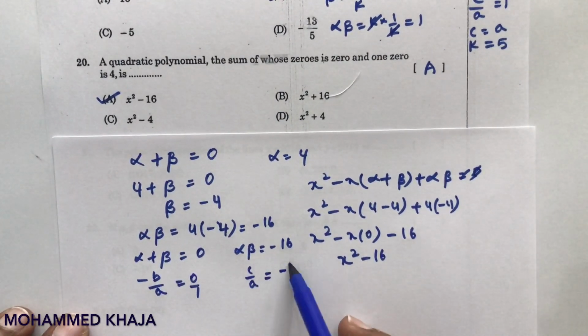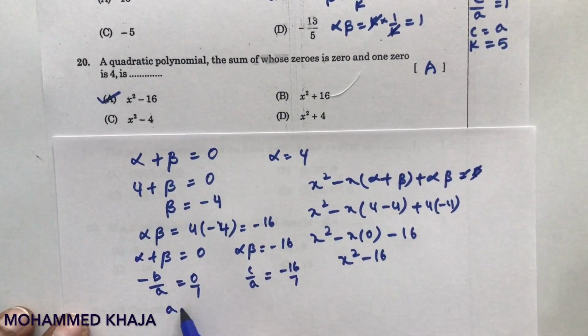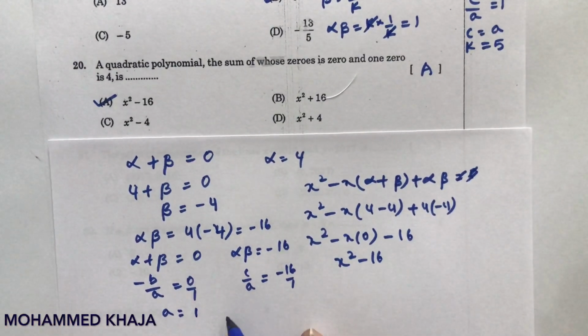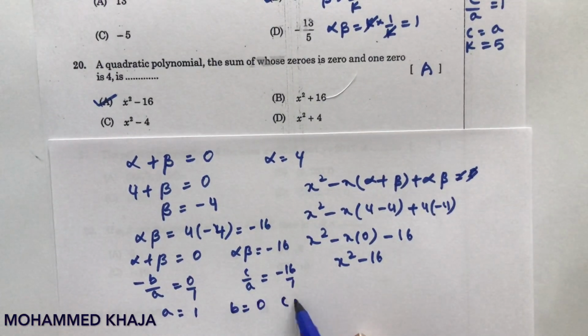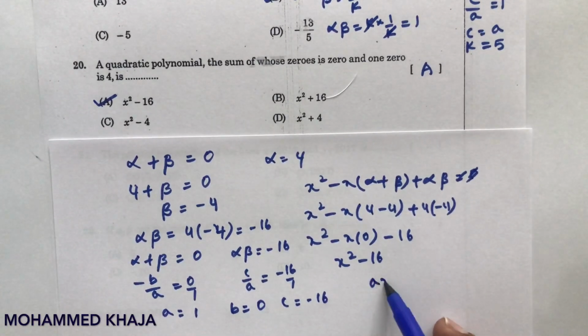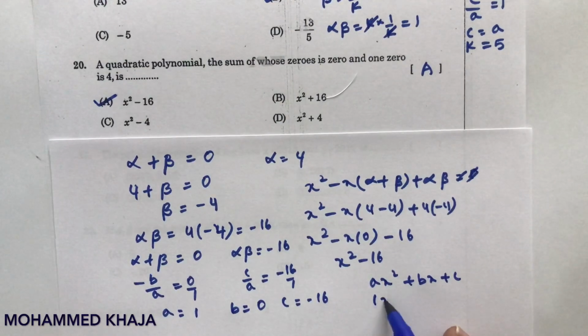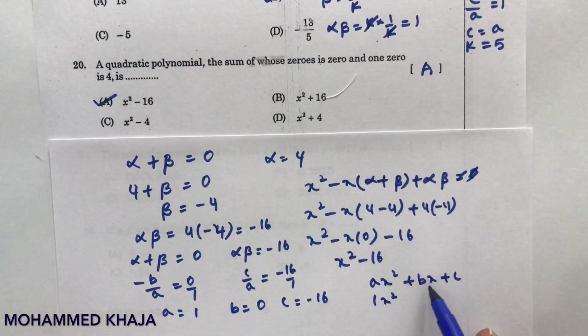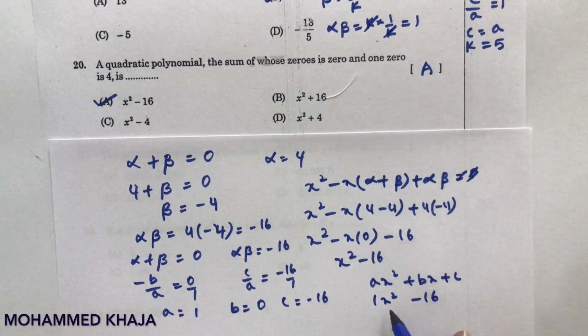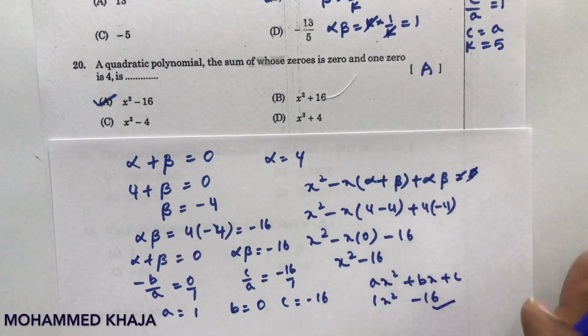C by a is minus 16 by 1. So a value is here 1, b is 0, c is minus 16. So standard polynomial is ax square plus bx plus c. So a is 1 x square, b is 0, c is minus 16. So x square minus 16. In this way also you can calculate.